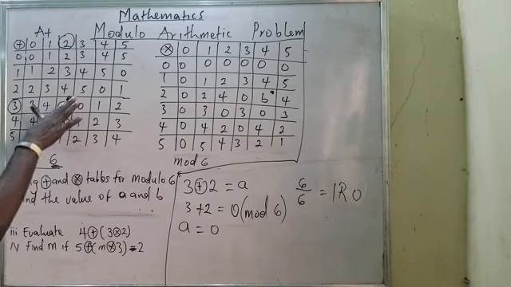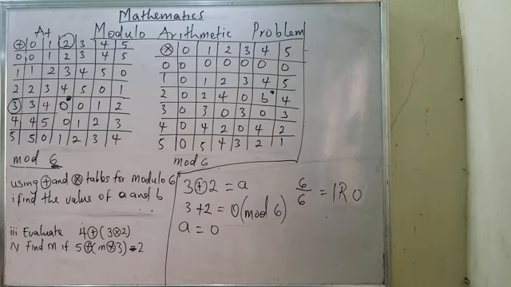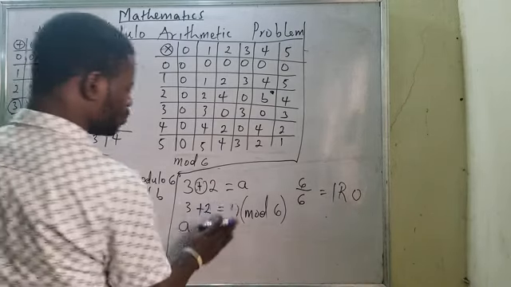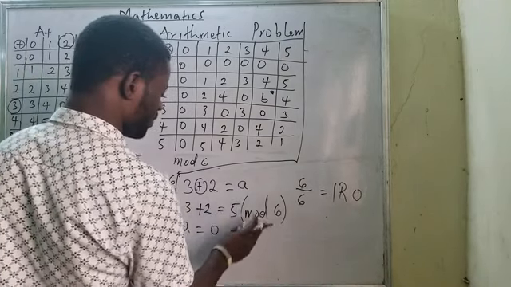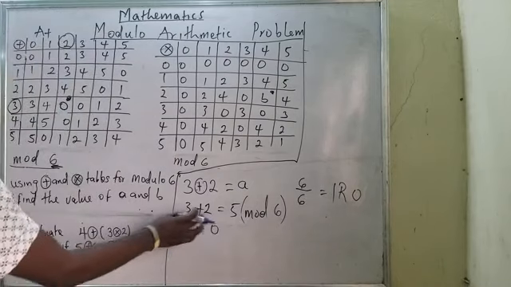Now, A operated with A, look at this plus this. Oh, I'm doing rubbish. Sorry, modulo 6, this plus this gives 5.